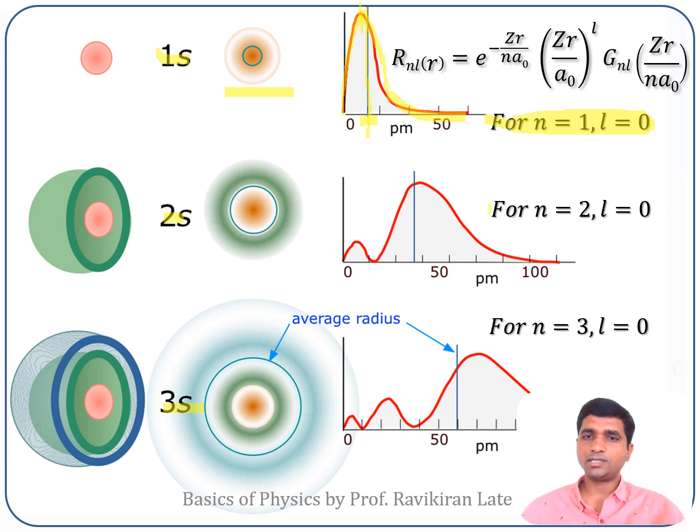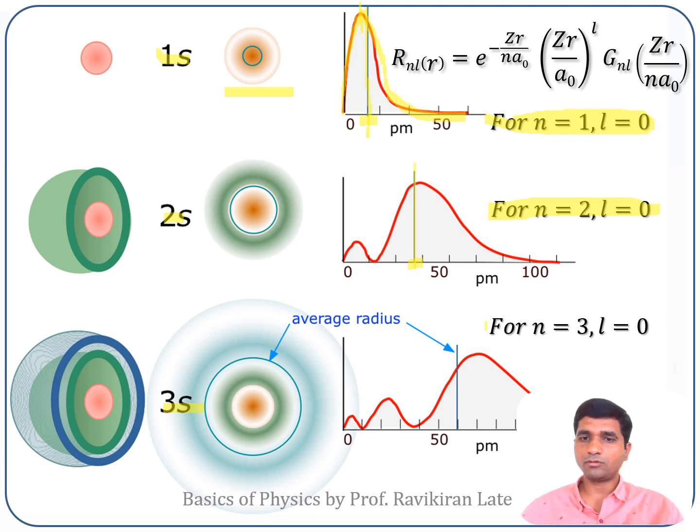If you further calculate similar quantities for the higher excited state, that is n equal to 2, L equal to 0, you'll get such plots. So it is the maximum probability region where you can find the electron in the second state, or the first excited state.